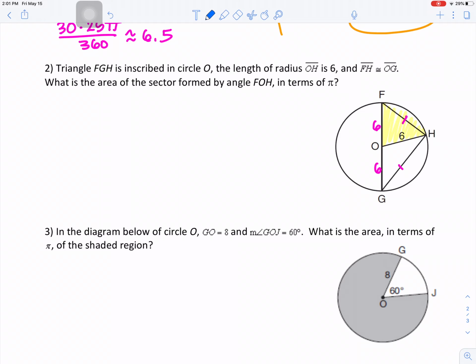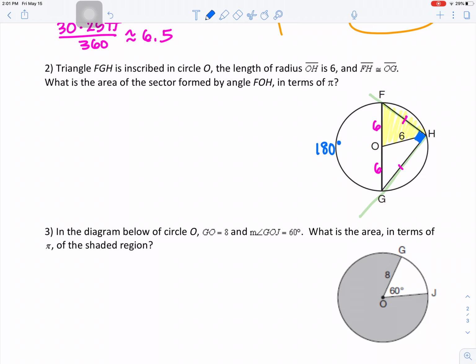Look at it for a second. Hopefully you're seeing this arc. Yes? And then you're thinking about something we learned about this angle. I hope light bulbs are coming on. This is an inscribed angle to a diameter, or to a half a circle, a semicircle, so it's 90. Okay.